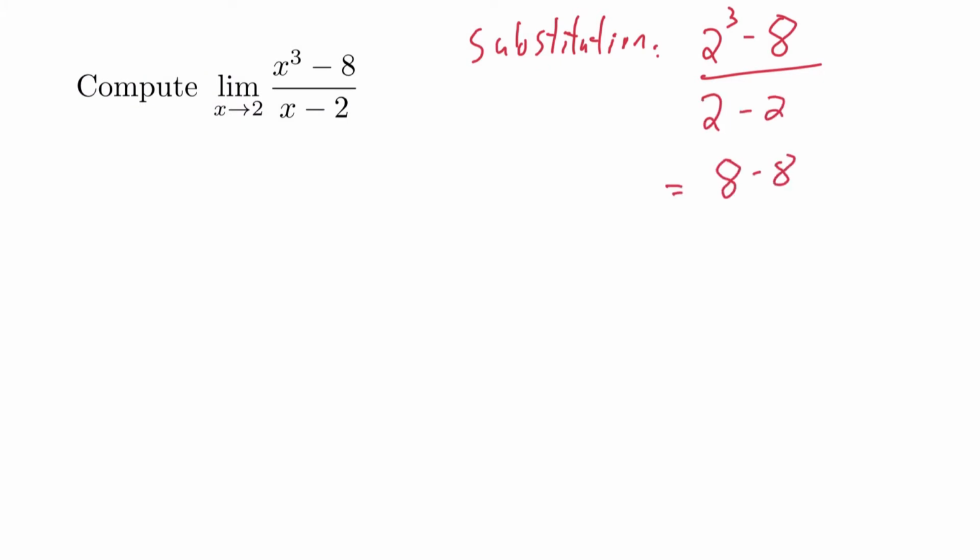So 8 minus 8 over 2 minus 2, which is 0 over 0, so indeterminate. Again, I ended up with an indeterminate form, so I can use L'Hopital's rule.